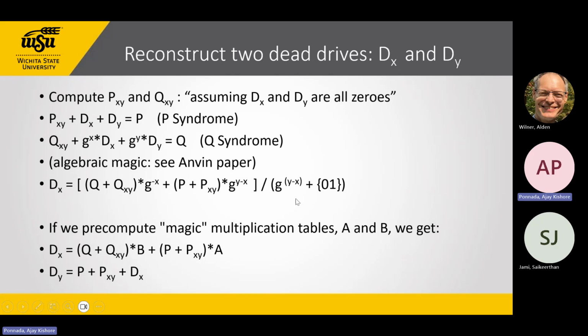So g minus x by g y minus x plus 1 is b, g y minus x by g y minus x plus 1 is a. So we're simply multiplying b and a to get dy. Again we're doing p plus pxy plus dx. So this is how we get a and b from these equations.